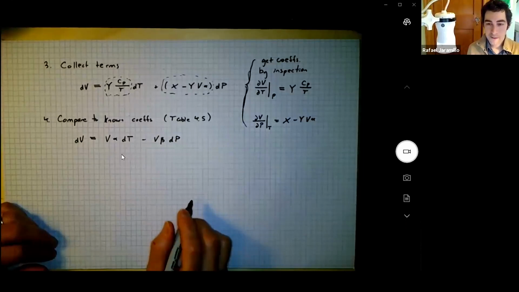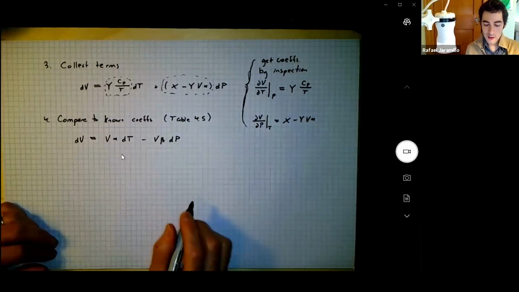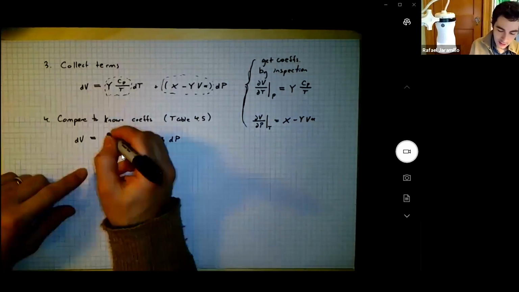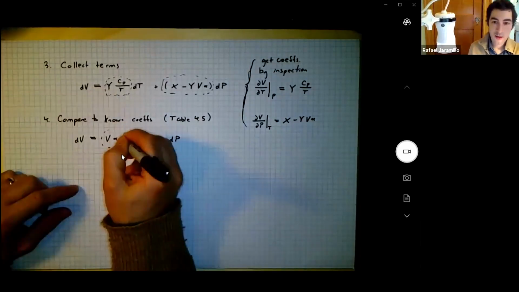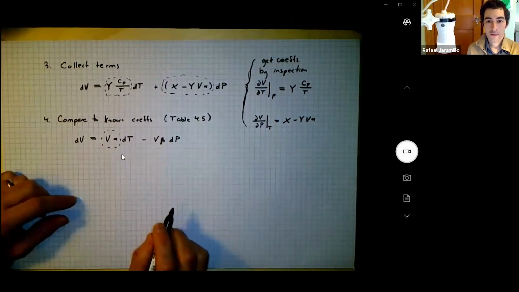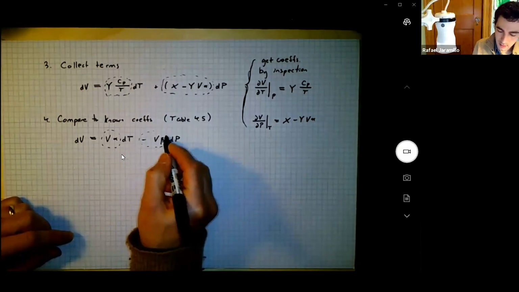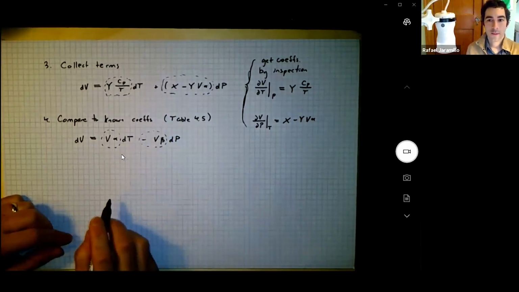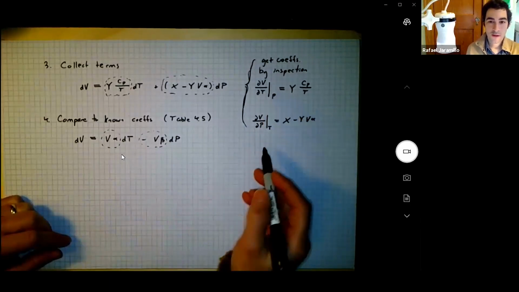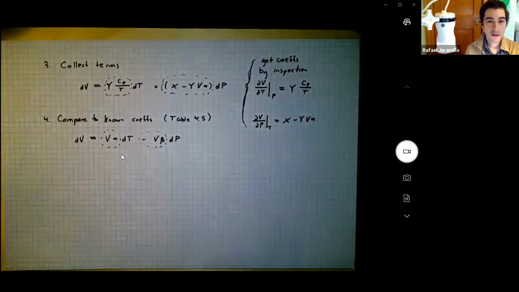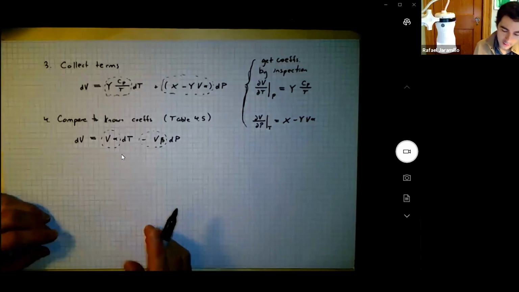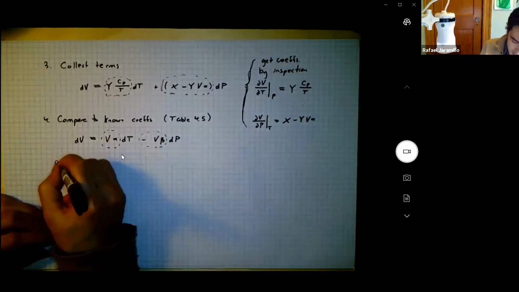So here's the thing. This coefficient and this thing have to be equal, and this thing and this thing have to be equal, because they're both the same mathematical objects. They're these partials. If it walks like a duck, talks like a duck, it's the same thing. So compare to known coefficients and equate.